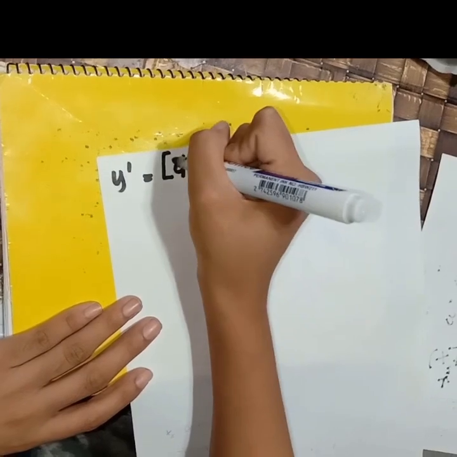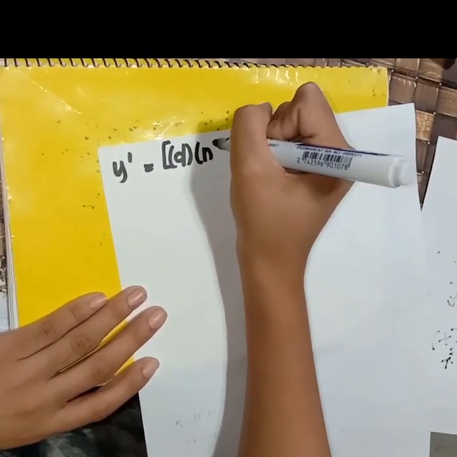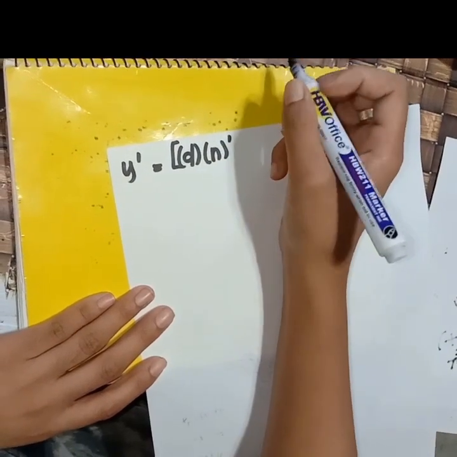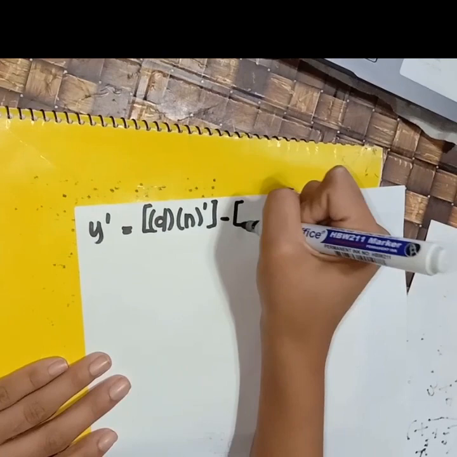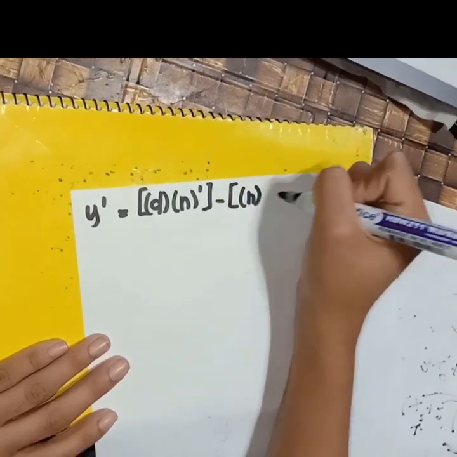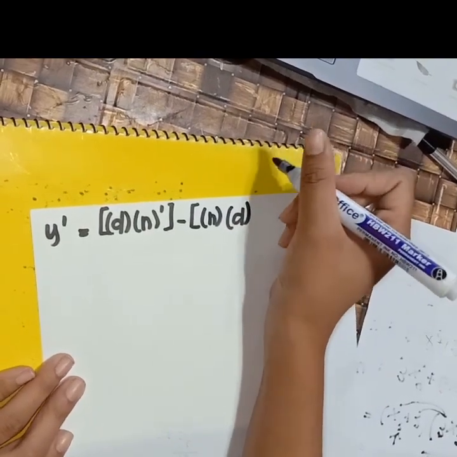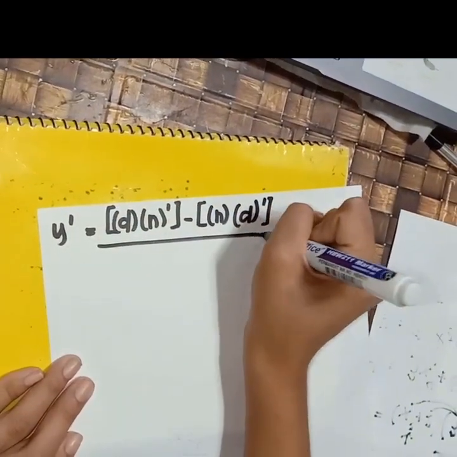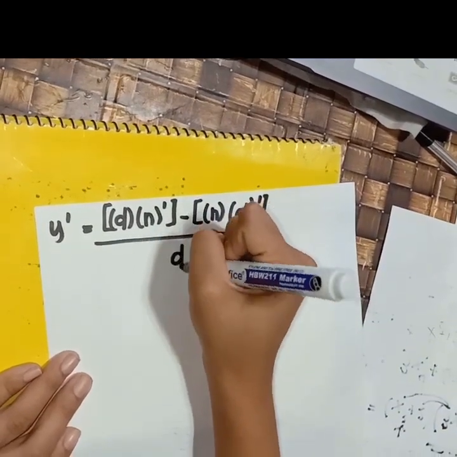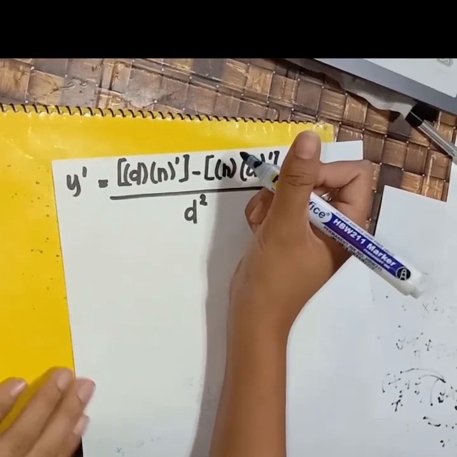D, or denominator, times the prime of the numerator, less the numerator times the prime or derivative of the denominator, over the square of the denominator.